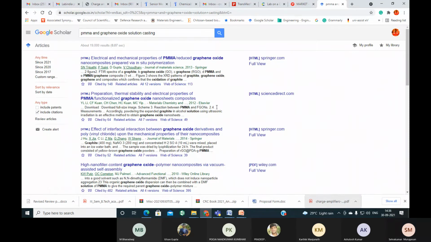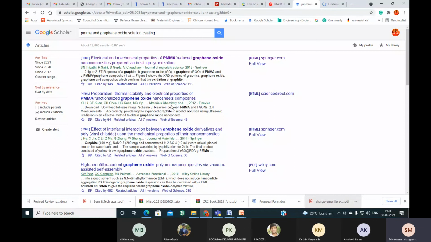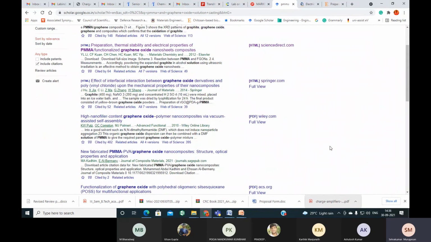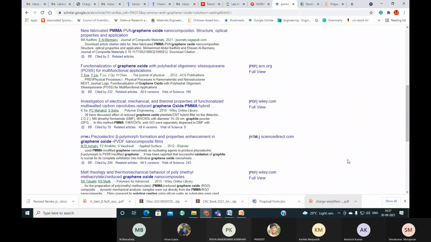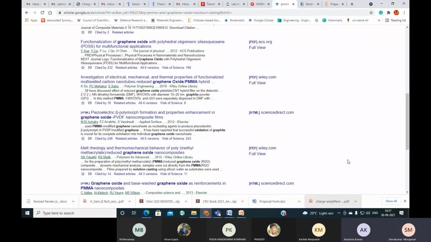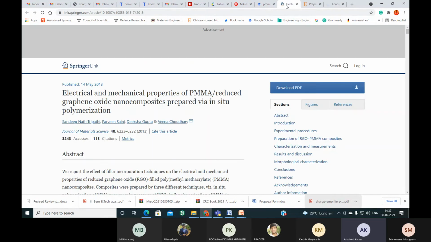Just see here, in situ polymerization also they obtain, and sometimes you'll have to change the matrix. If you don't get it, you'll have to change the matrix. Sir, we tried doing that, but still you're not getting? Yes, sir, we are not getting the exact same composition for the matrix and the filler.